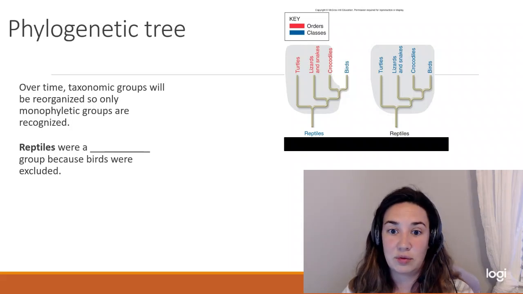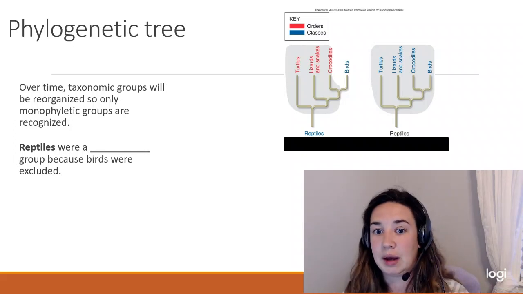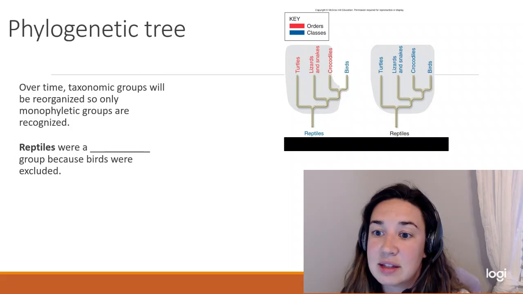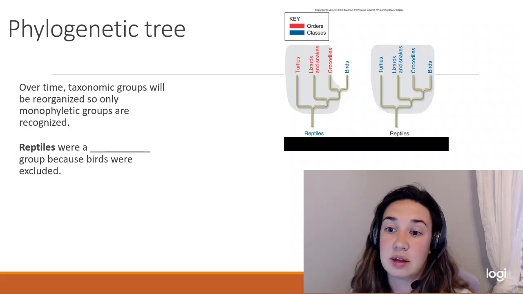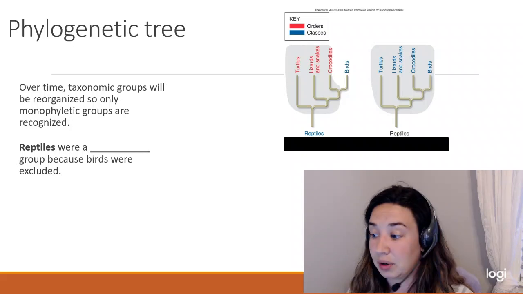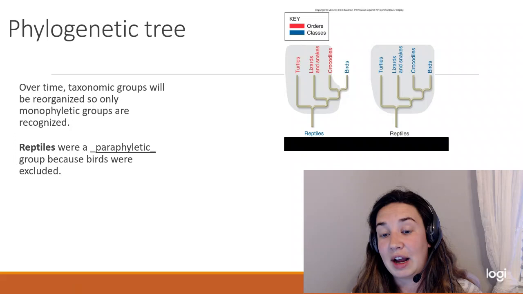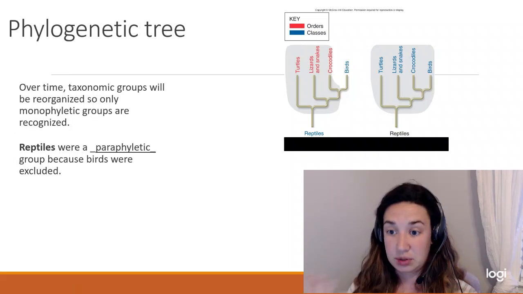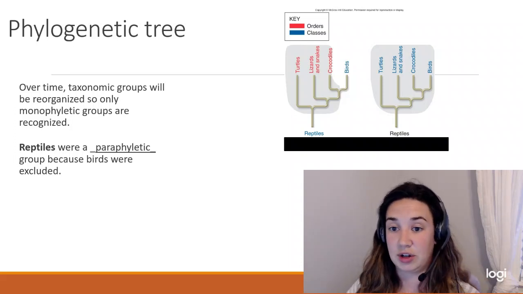So here's a question for you. Reptiles were a blank group because birds were excluded. And that's the first phylogenetic tree that I'm referencing here, the group that does not have the birds circled. So that's going to be our paraphyletic group because those birds were excluded when we were circling the descendants in this phylogenetic tree here.